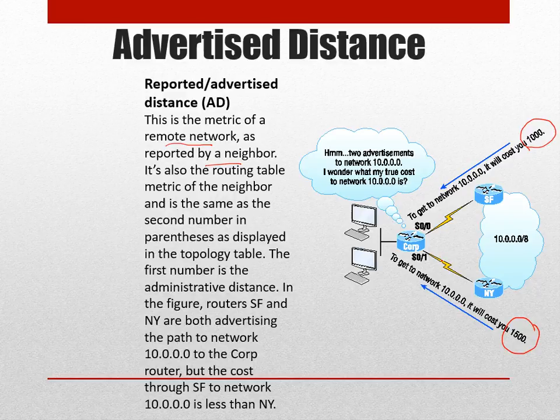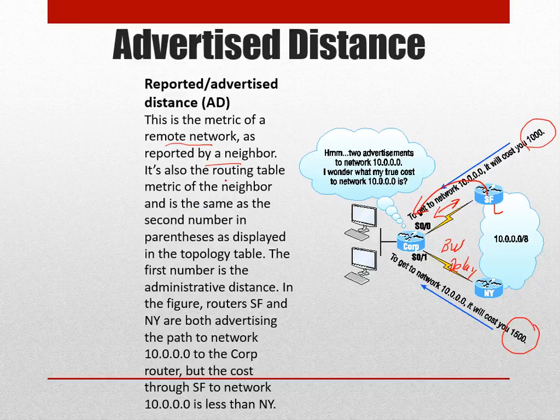This is the cost of the networks, and this is all based on bandwidth and delay. And this is something that's configurable on the interface. To get to the network 10, it will cost you whatever. So the cost is what it goes across here. So the advertised distance is what this guy tells us it's going to cost. And in this case, it'd be probably like a gigabit Ethernet or whatever that cost would be.